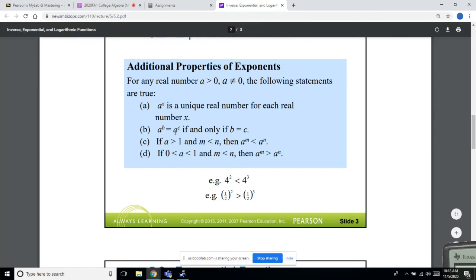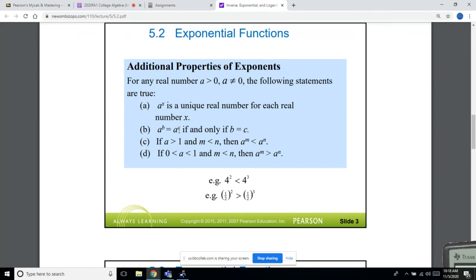In particular, I want to take a look at this additional property B. It says that if a raised to the power of b, where a is my base and b is my exponent, is equal to a raised to the power of c, where again a is my base and c is my exponent, if I have the same base, I can drop the base and set my exponents equal.